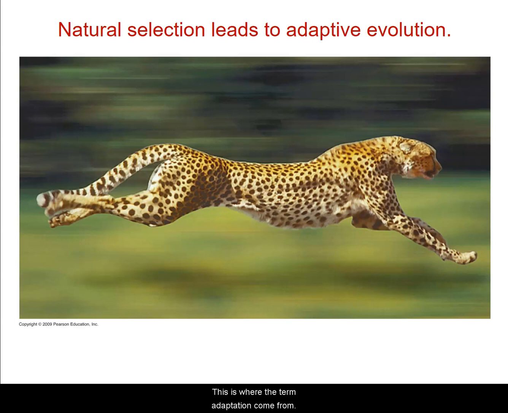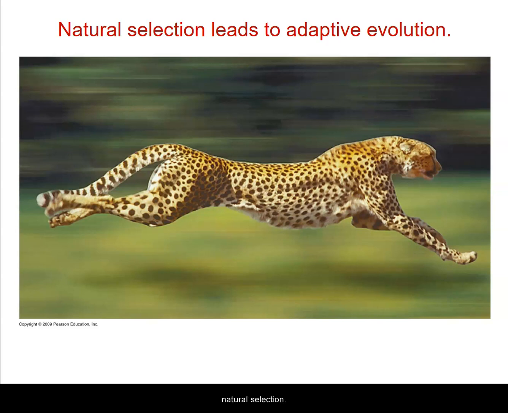And this is where the term adaptation comes from. Adaptation has to do with surviving in a given environment. Sometimes that means running faster. Sometimes that means having a longer neck in the case of a giraffe to reach more vegetation.